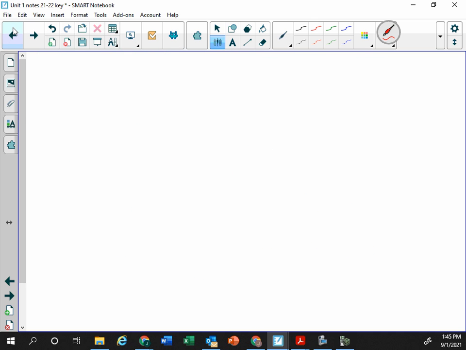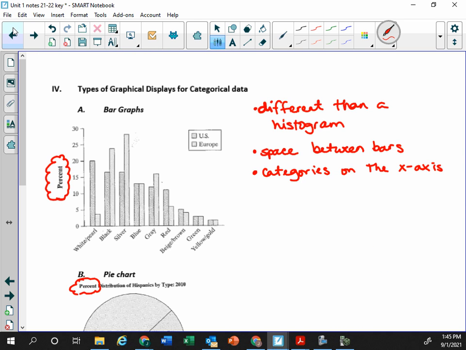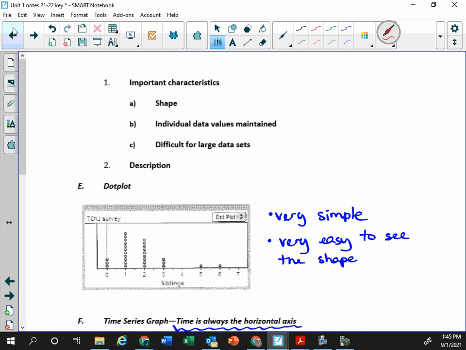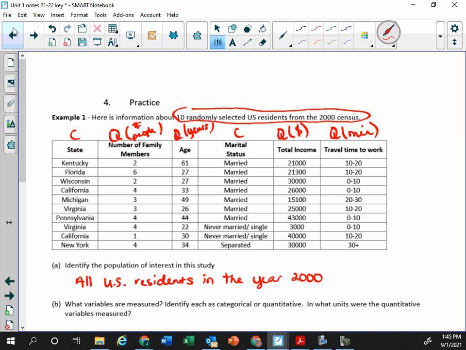I think I want to go all the way back to, have this page open in your packet, okay? We'll look at ages.